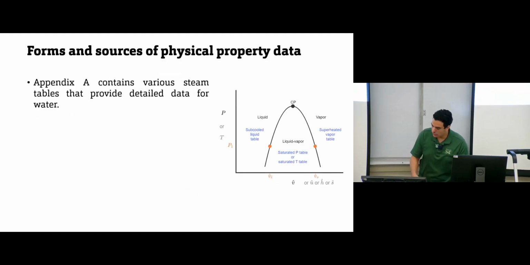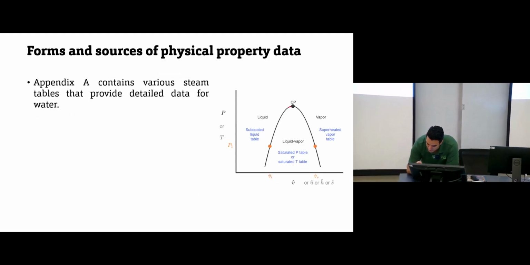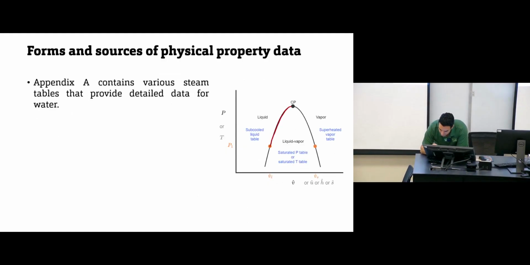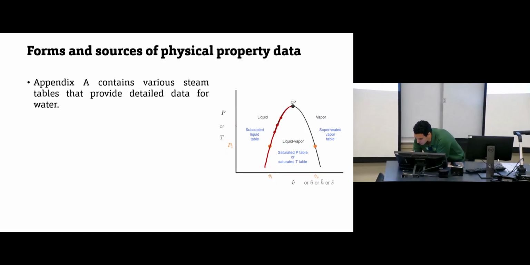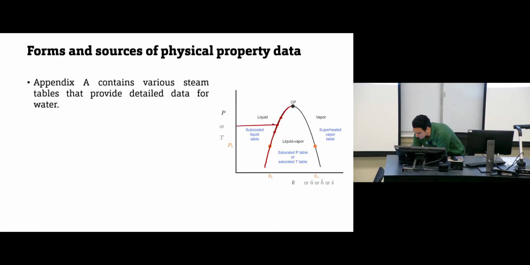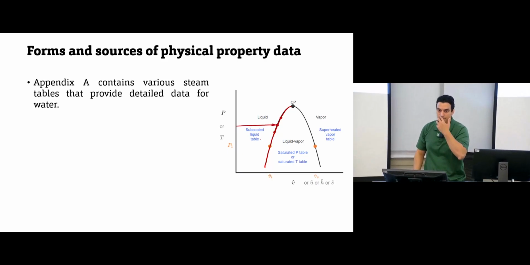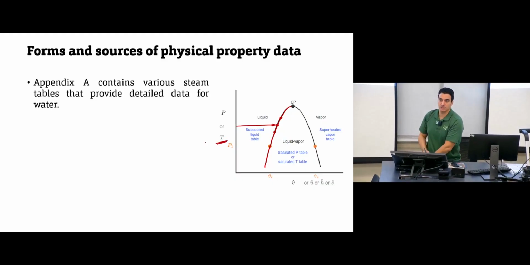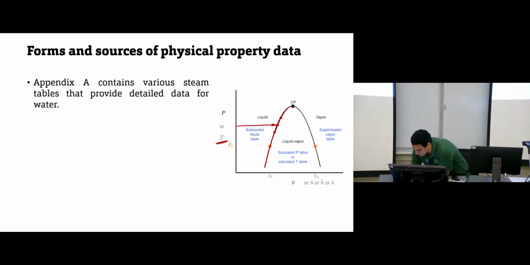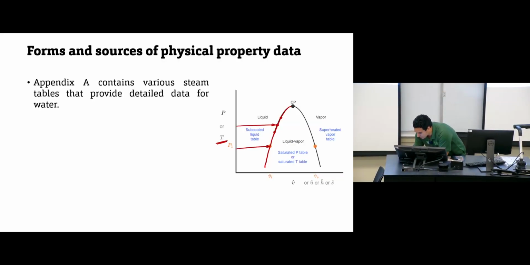For this one here, if you remember, this is the saturated liquid line. So any point on this line represents saturated liquid. How can you go to this point? If I know the pressure, from this pressure I will move until I intersect with the line, and this will be the saturated liquid at this pressure. If this y-axis is temperature, for example, at any temperature you can go and intersect with this saturated line.